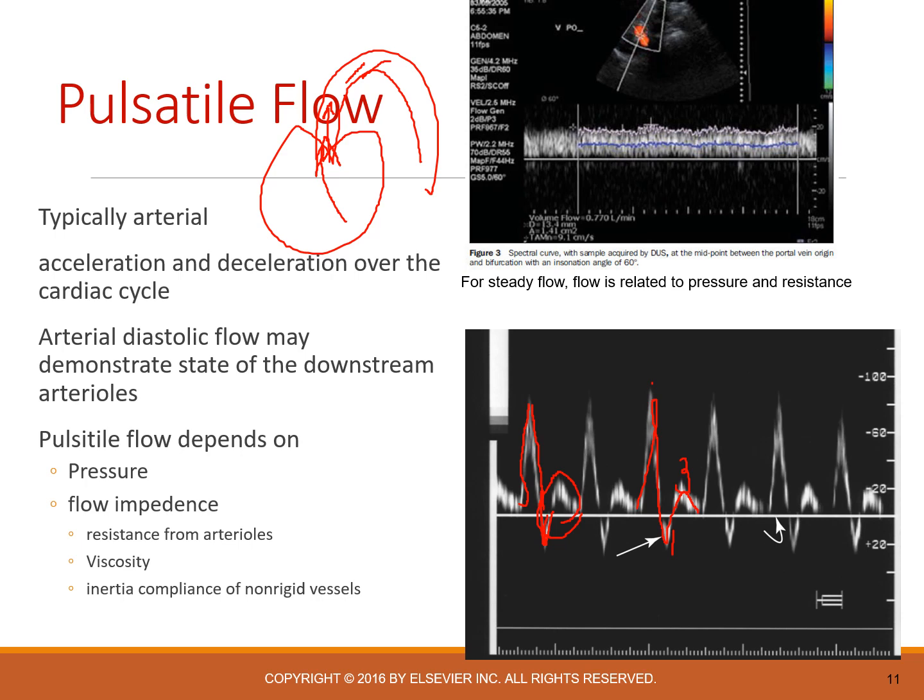If I had a very low resistance waveform, or a very low resistance organ, like say the liver or kidneys, during systole I would see forward motion. In early diastole, I would still see that drop, but there would be no resistance up ahead.